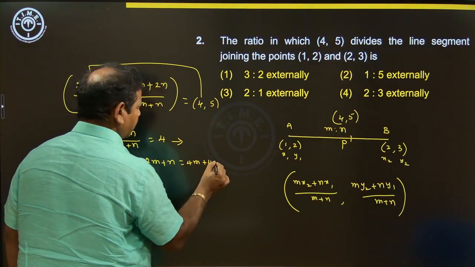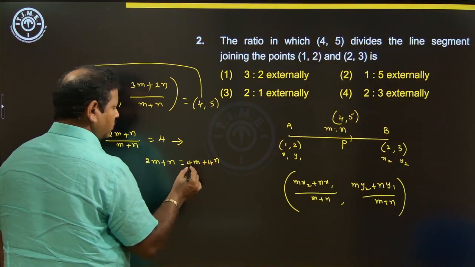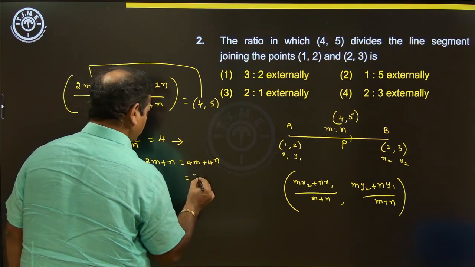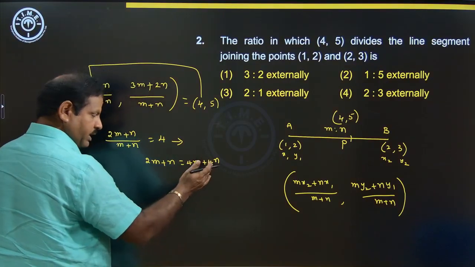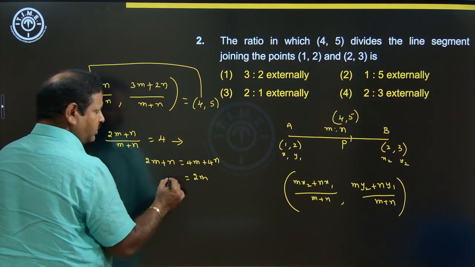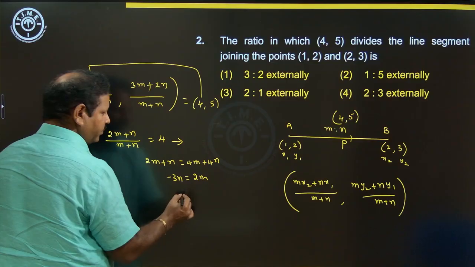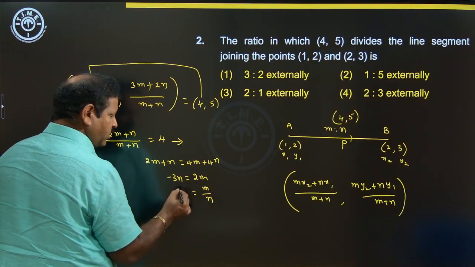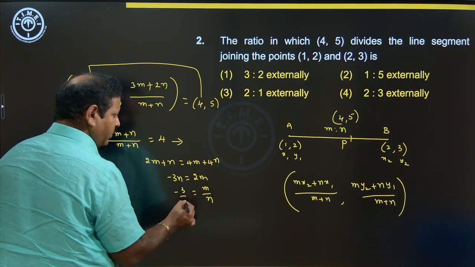Then 4m minus 2m is nothing but 2m. N this side, n minus 4n is nothing but minus 3n. Then m by n, take this 2 down, is equal to minus 3 by 2.